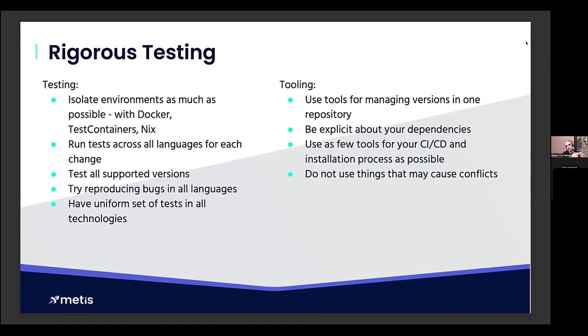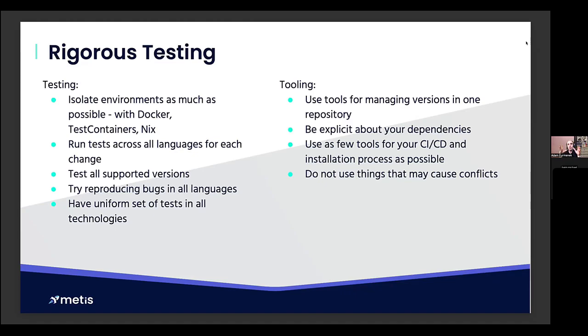When you find a bug in a language, you want to have unit tests for this bug in all the languages, because it's probable that you find the same bug in other languages, in other SDKs for other platforms. So you always need to test everything, even if you change just one line of code in one particular language.